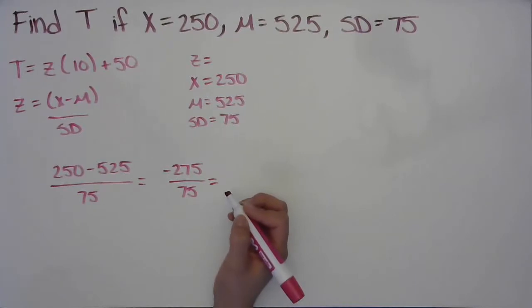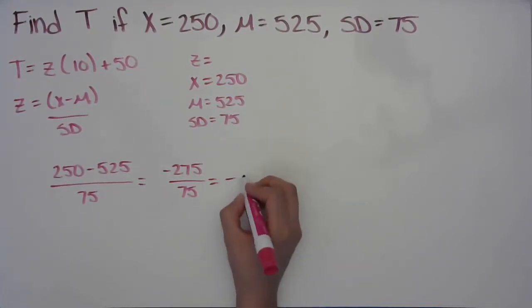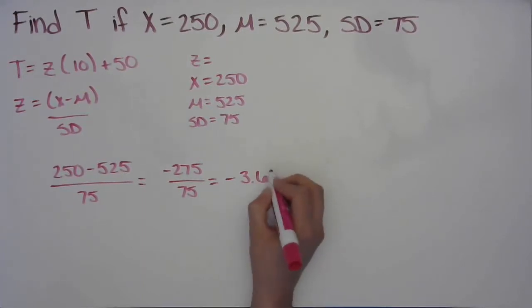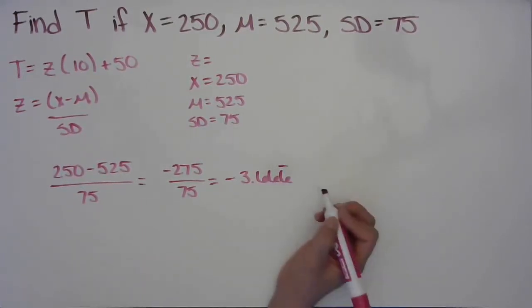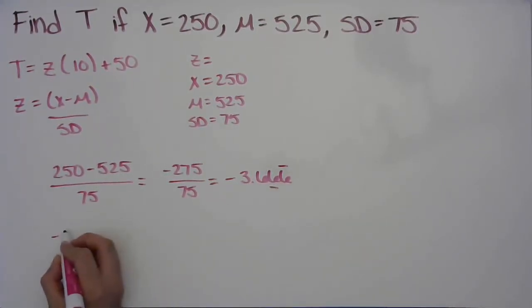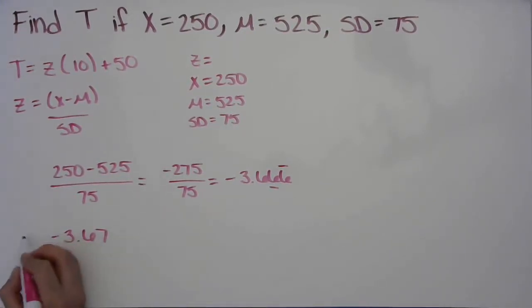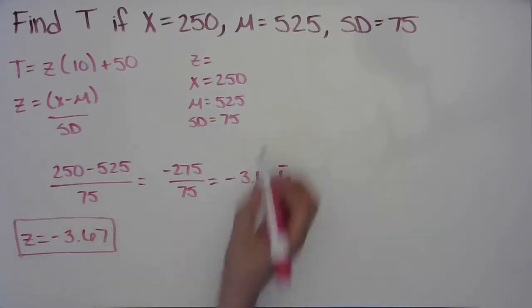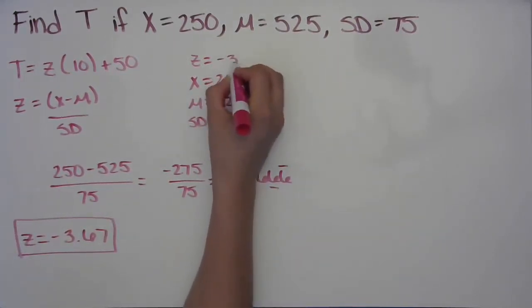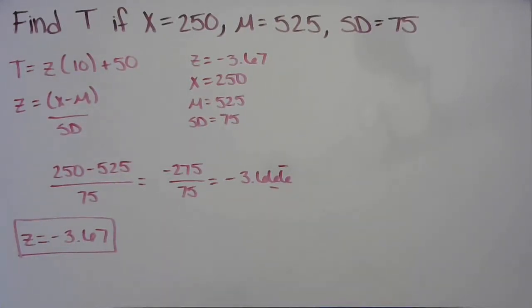When we calculate that out, it is going to give us a negative 3.666, and it just keeps repeating. So we need to round that to the second digit. So that's going to give us a negative 3.67, and that is going to be our z value. So now we have everything we need to find t.